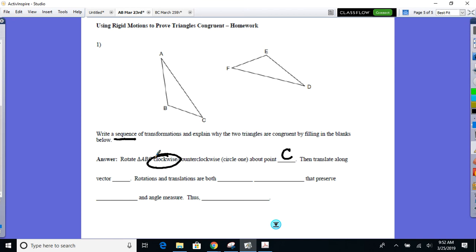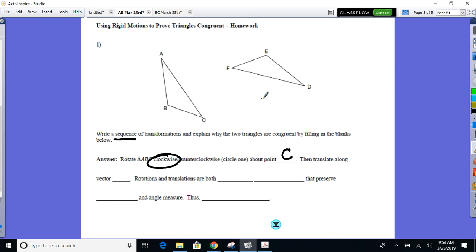Now, if I kept point C where it is and rotated point A and point B clockwise, are they going to match up just by one rotation? No, right? Because C is still there, and C's got to match up with F. So I need to do one more thing, and that's a slide. I have to do a translation. But if you can't tell me left 4 up 2, what's the other way we translated?